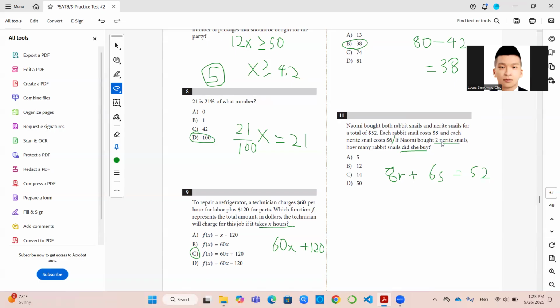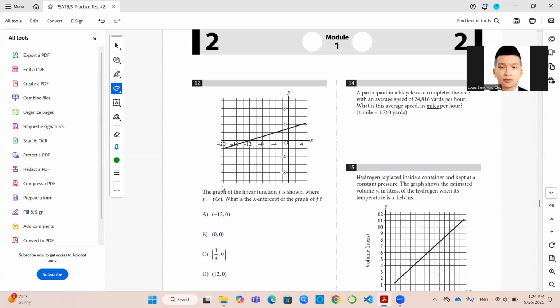So 2 narwhal snails, so s becomes 2 here, so 8r plus 6 times 2, that's 12, is equal to 52. r is equal to 40 over 8. r is equal to 5. So A is the correct answer.